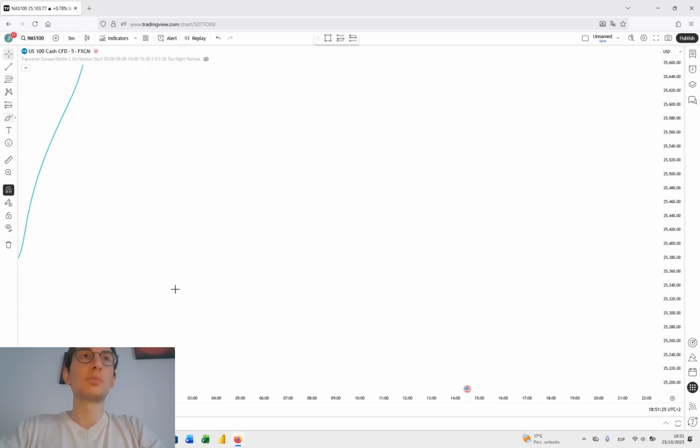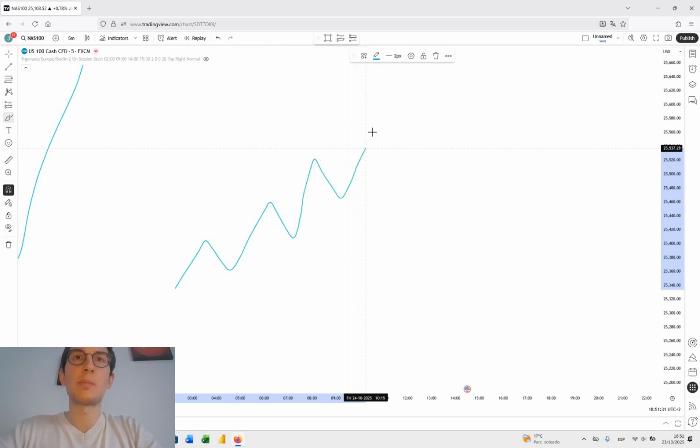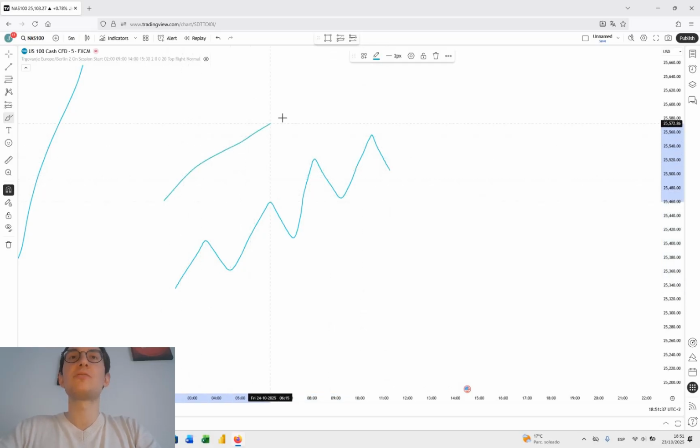Now let's do the opposite. So right now we are going up, up, up. And what do we have to do so that we finally go from the bullish trend to the bearish one? Exactly.